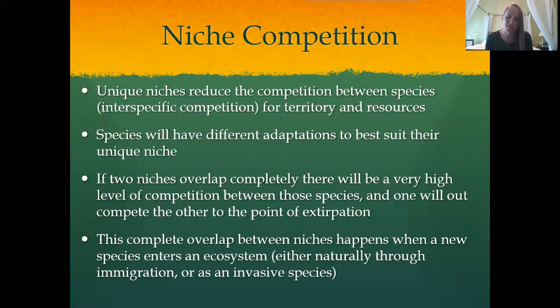An invasive species is when a species comes from a different area and enters that ecosystem, usually because humans either intentionally or accidentally brought them there. Then that invasive species can start to outcompete the native species because their niches can overlap so much that the invasive species will just kill off or outcompete the native species.